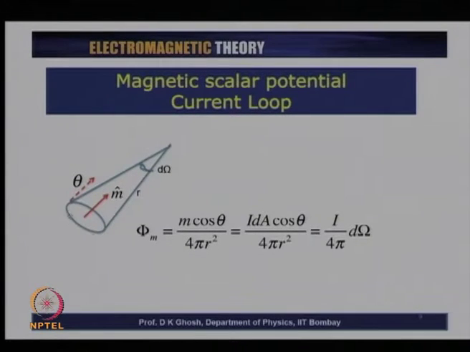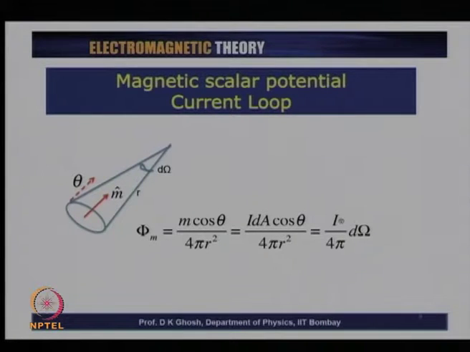Now, I know how to write down the projection of the area in terms of the solid angle. So, I write this as I times d a, so I have a 4 pi r square is I times d a, that is my magnetic moment.